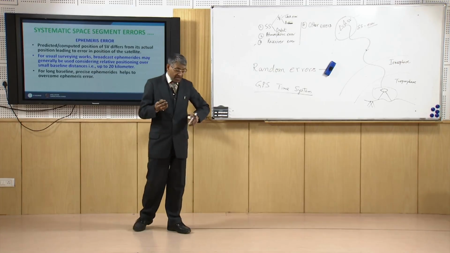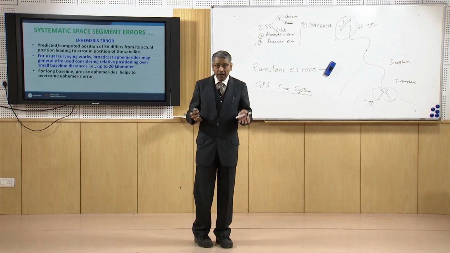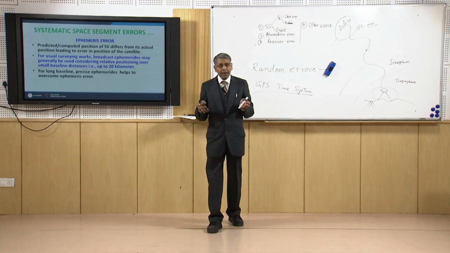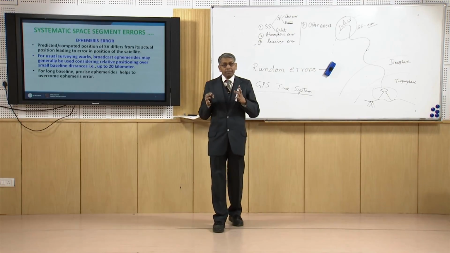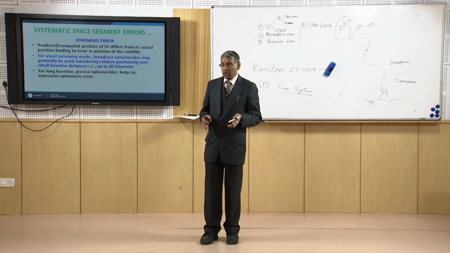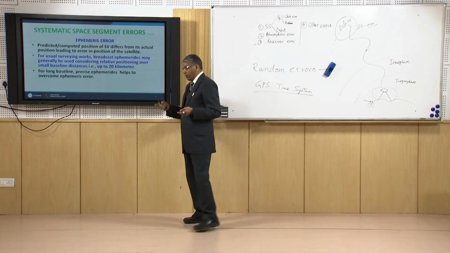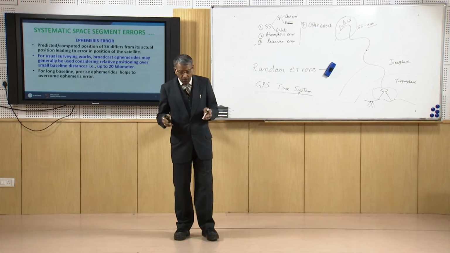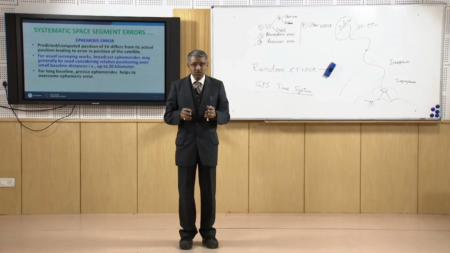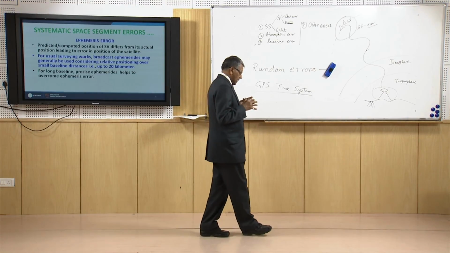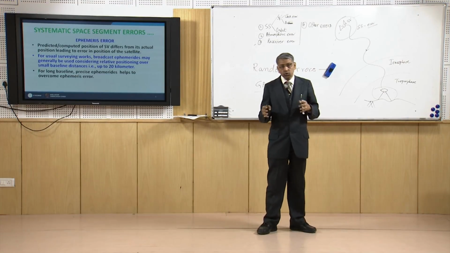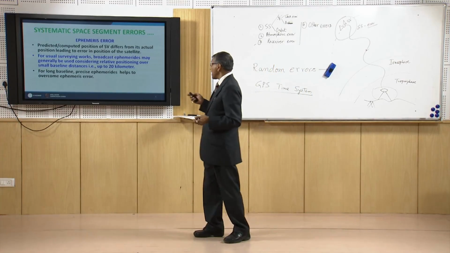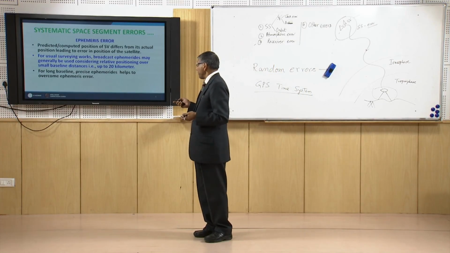So ephemeris error may be minimized or avoided by making use of precise ephemerides. So, for long baselines or for very accurate GPS point positioning, we should go for very precise ephemerides.